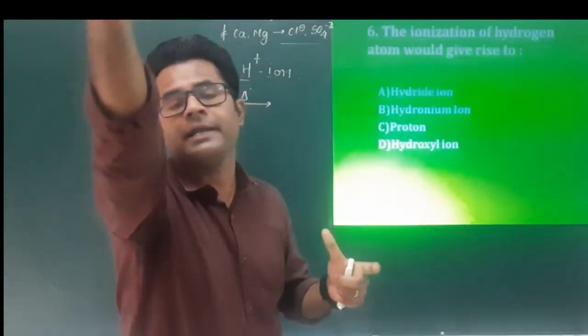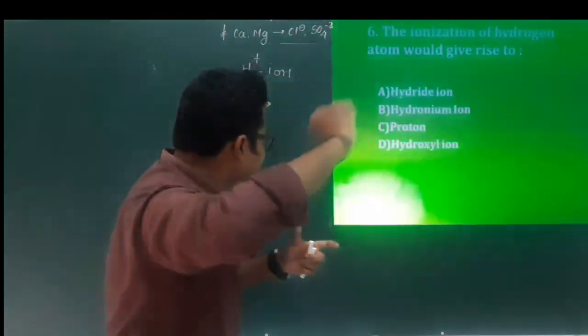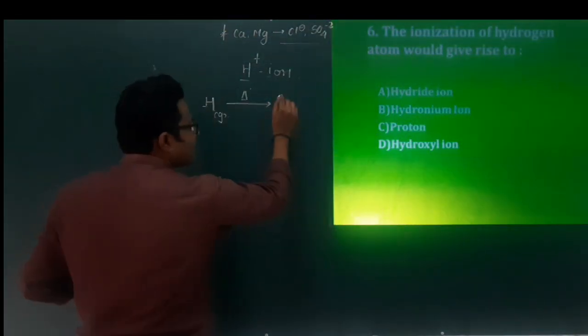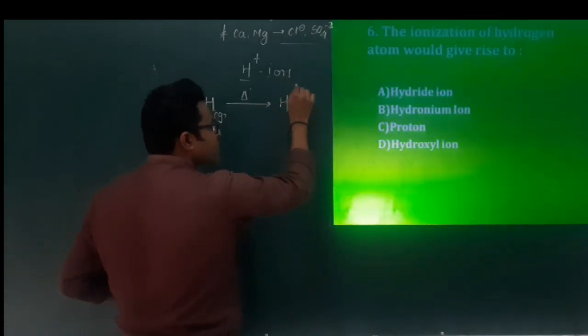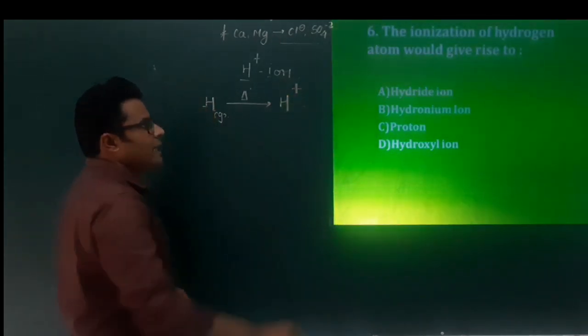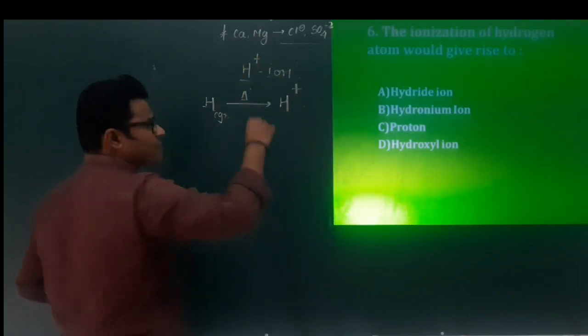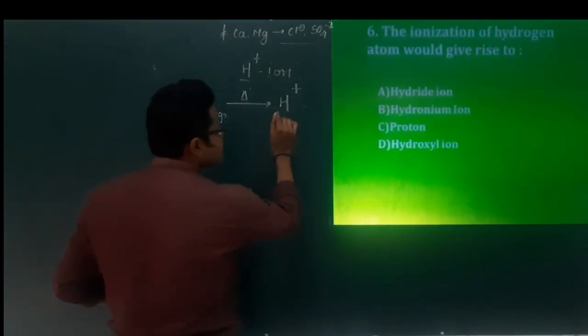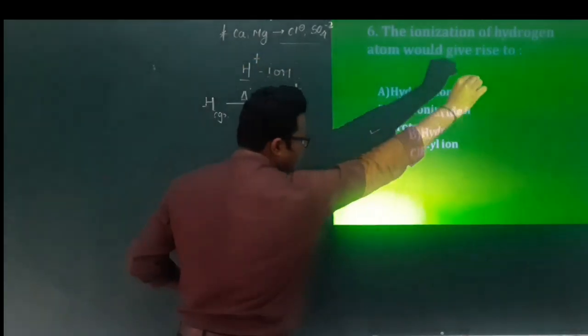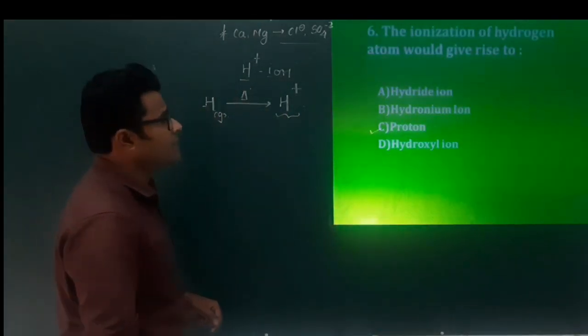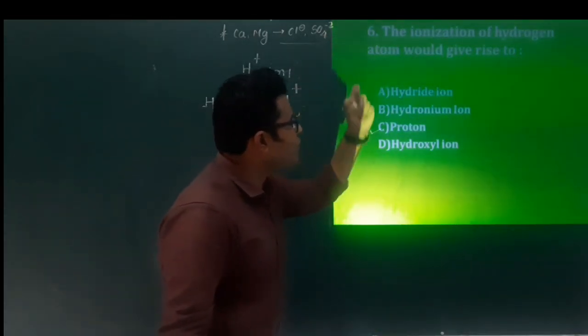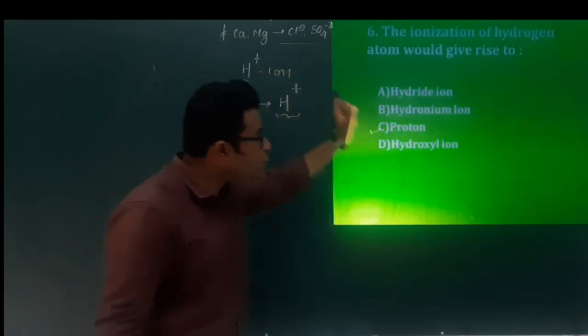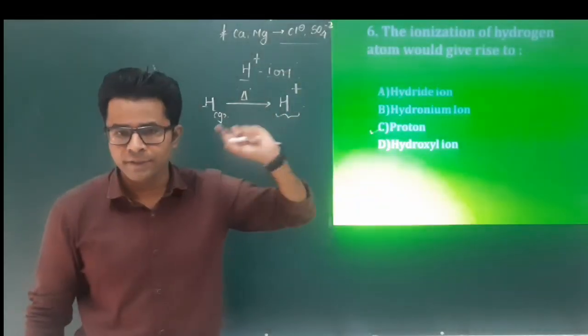It leaves the atom and goes outside, leaving behind the hydrogen with a positive charge. This positively charged ion is nothing more than a proton, and that is the answer here. So the ionization of hydrogen atom would give rise to a proton.